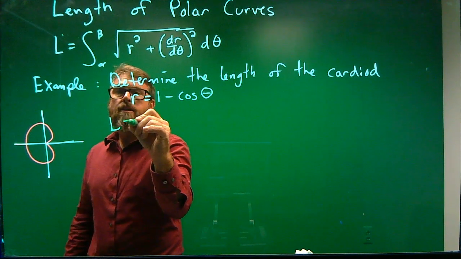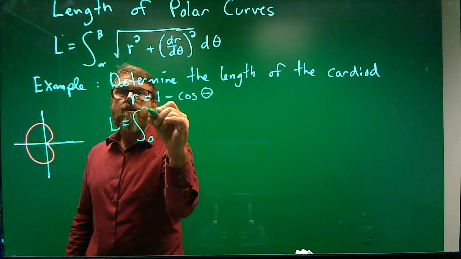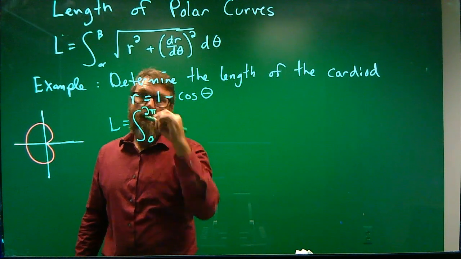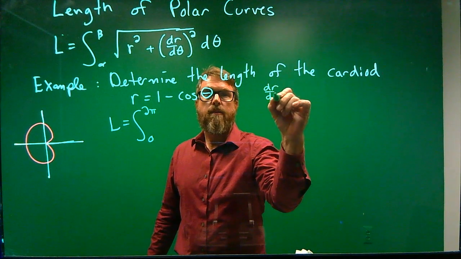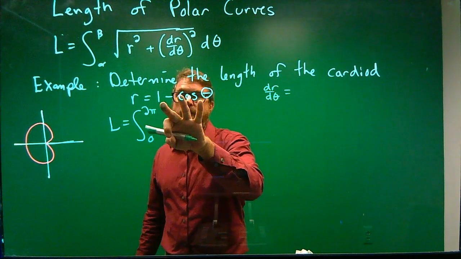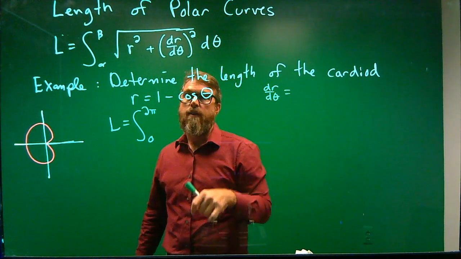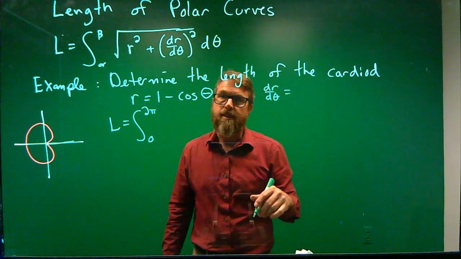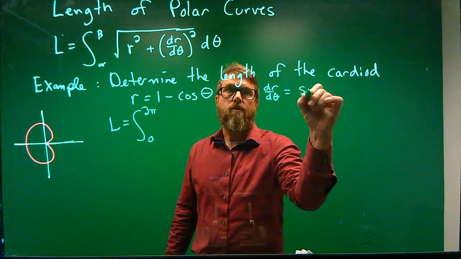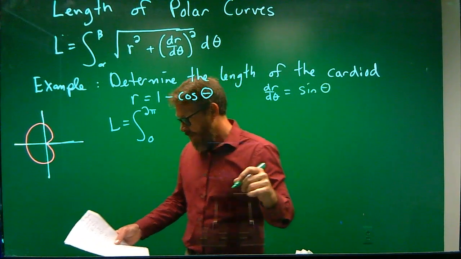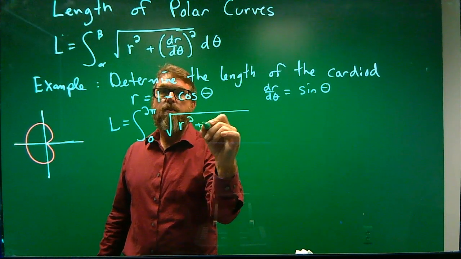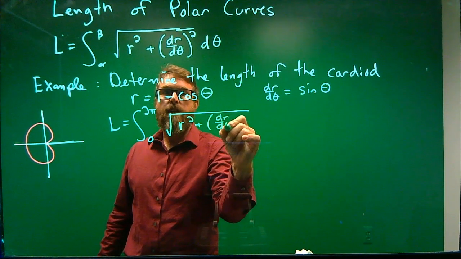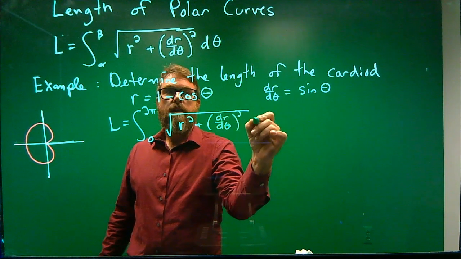So L is going to be equal to the integral from 0 to 2 pi of, I should find r prime, or dr d theta. The derivative of 1 is 0. The derivative of cosine is negative sine, so this is going to be the sine of theta.